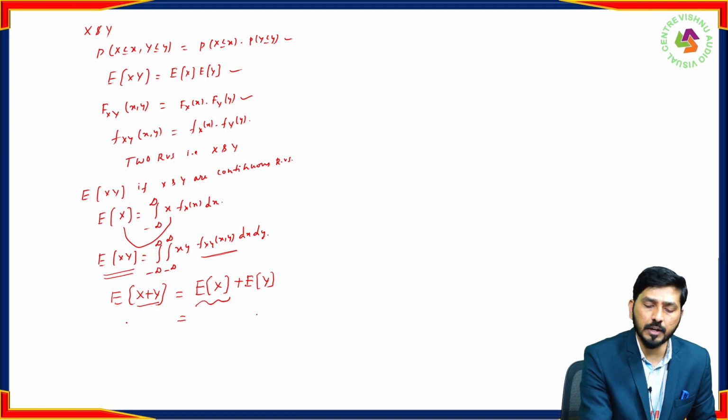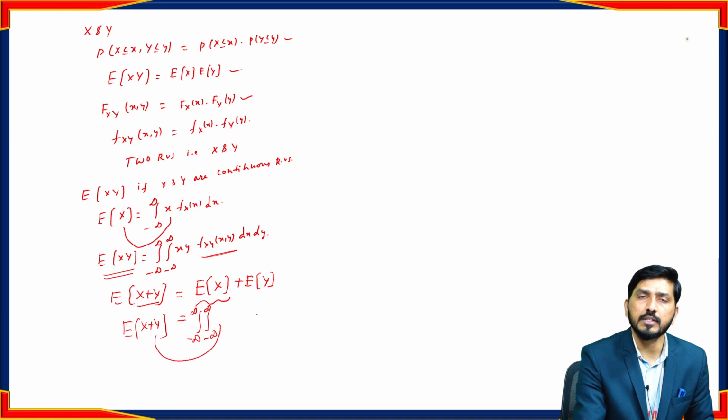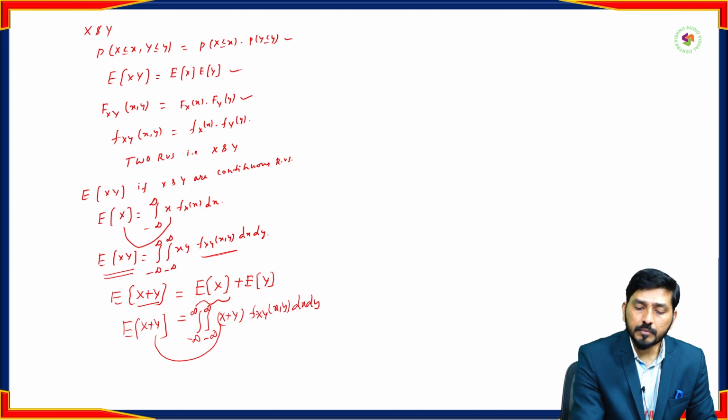Here I will show expectation of X plus Y. If X and Y are continuous, then based on the formula, it can be written as the integral from minus infinity to infinity, twice, of whatever is inside the expectation, (x plus y), times the joint density function f_XY(x,y), dx dy.